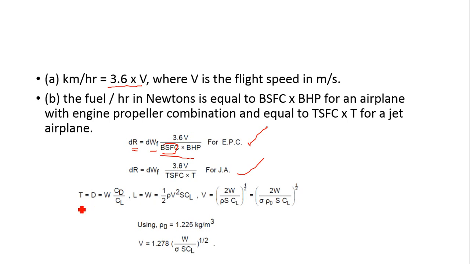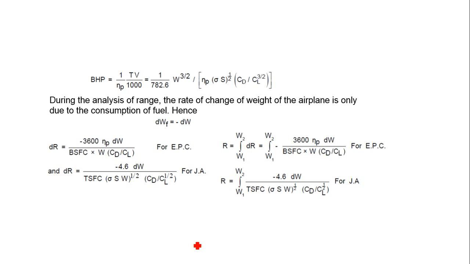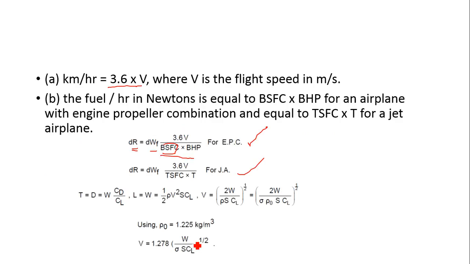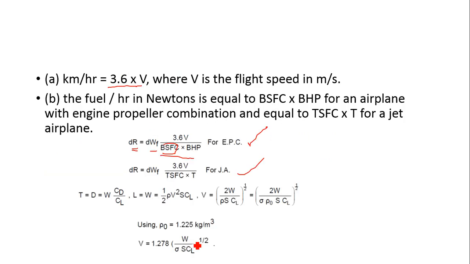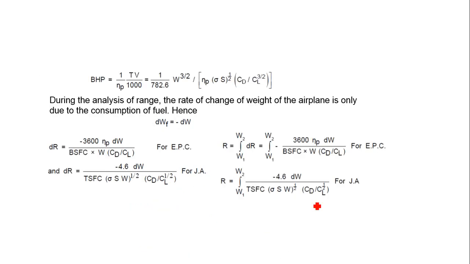And one more thing. Here we will derive the equation of dr in terms of r. For that purpose I will just go through it a little faster, because we don't need the things like this. We want the formula in the form of this only, this one for propeller and this one for jet powered.